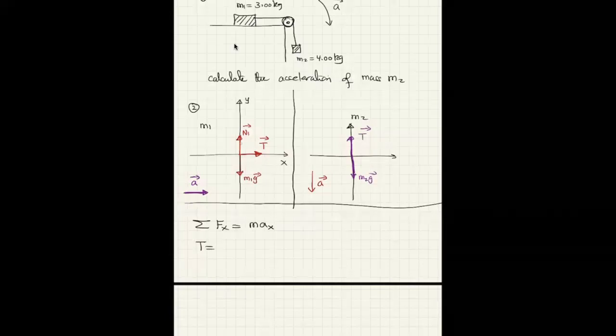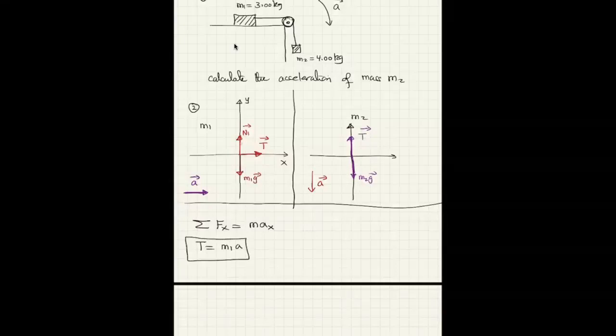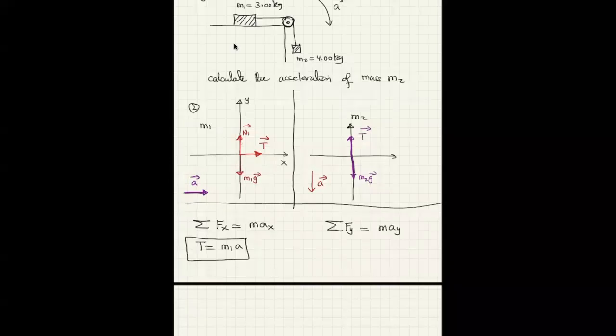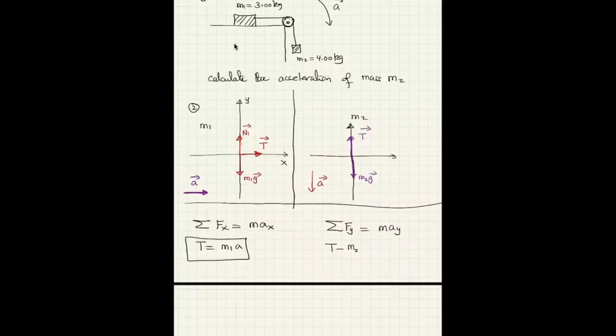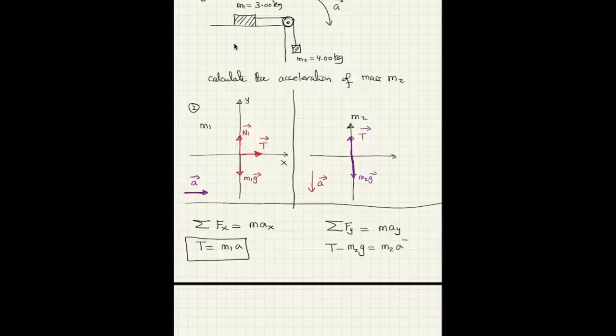T should equal mass 1 times A. This is the equation for mass 1. For mass 2, I don't have any forces along the X, then I have sigma Fy equals may. And remember the accelerations are the same. Then this is T minus M2G should equal mass 2 A.